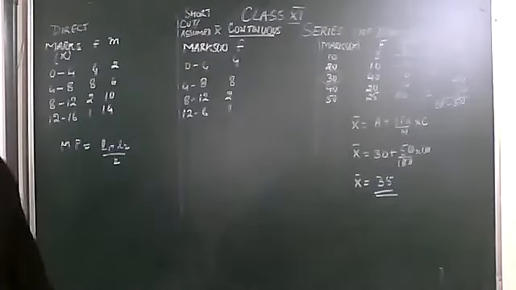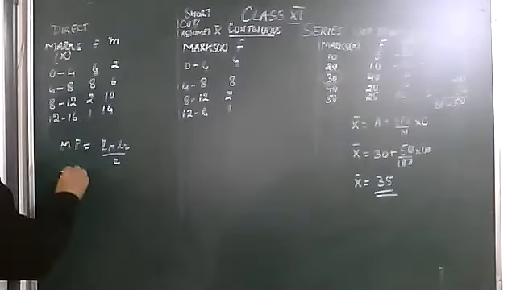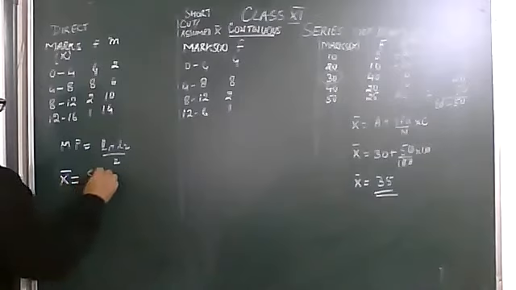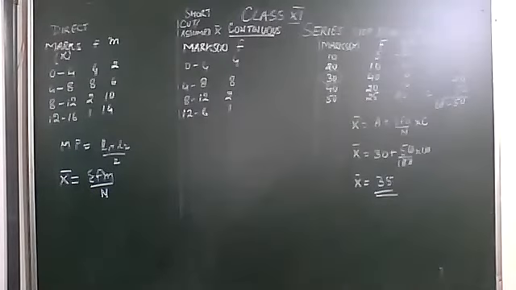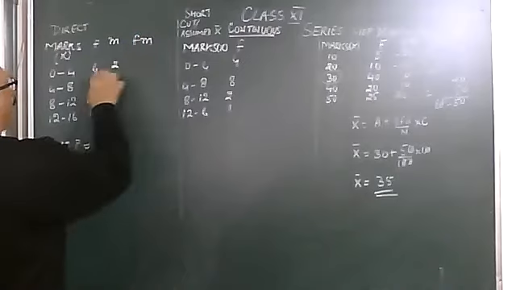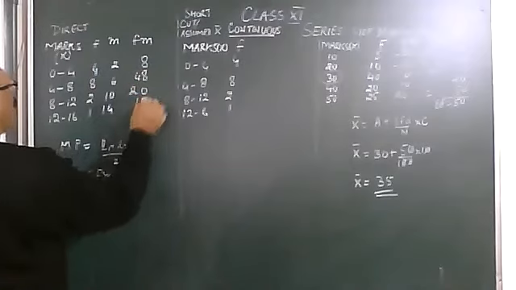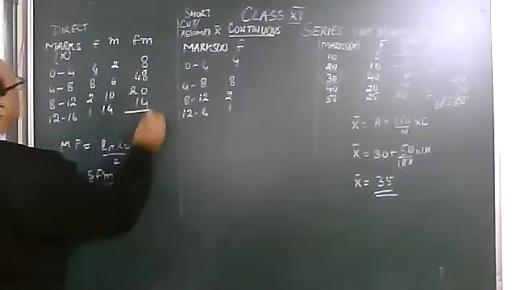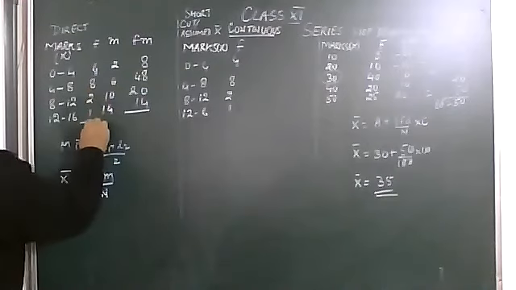Right? Next, now we come to the formula for mean in continuous series. Mean is equal to sigma fm upon n. F multiplied by the midpoints to get fm. 4 twos are 8, 8 sixes are 48, 20, 14. Sum of this. 8 and 4, 12, 14, 15.